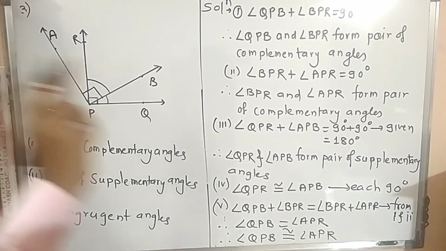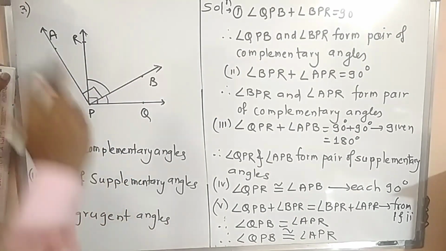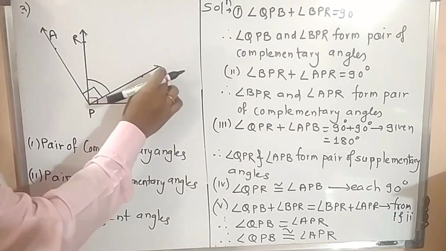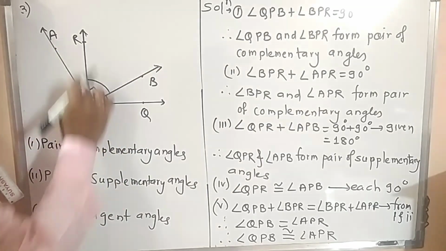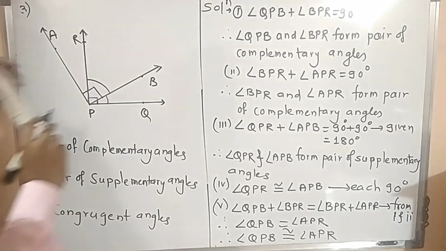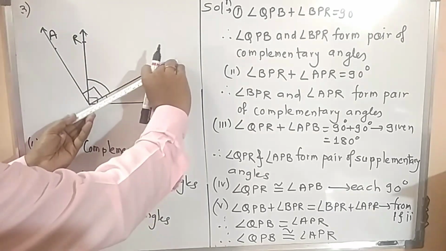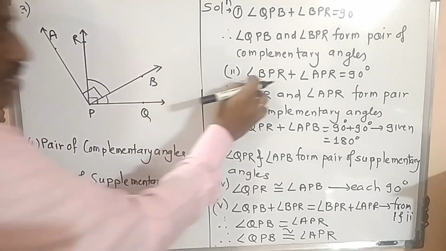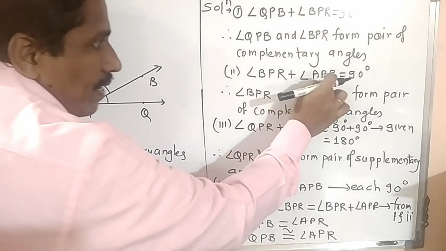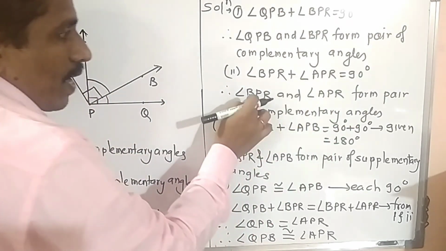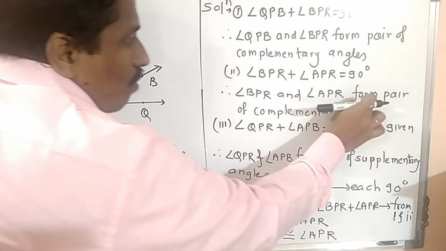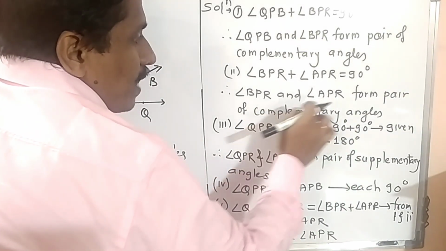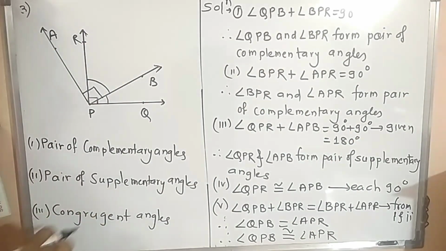We got the first pair of complementary angles. Second one, angle BPR and angle APR. Look at the figure. The sum of angle BPR and APR is again 90 degrees. Therefore, angle BPR and angle APR form a second pair of complementary angles.